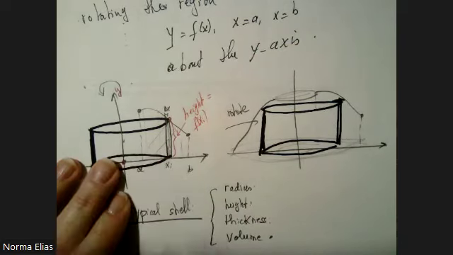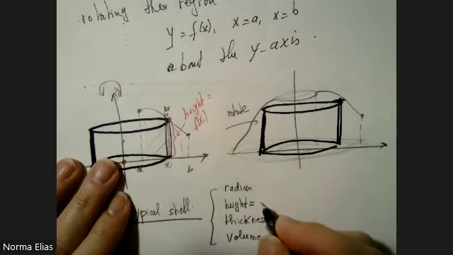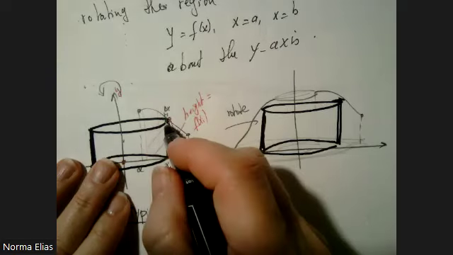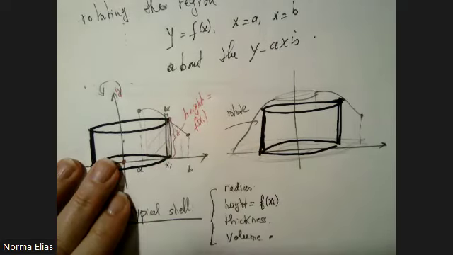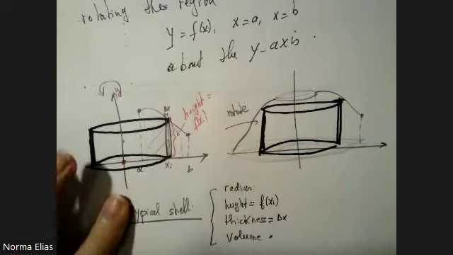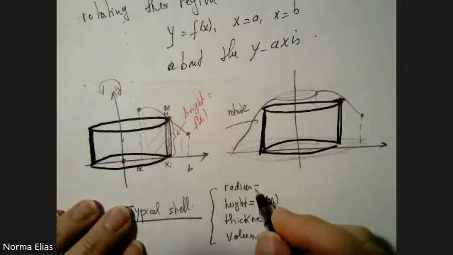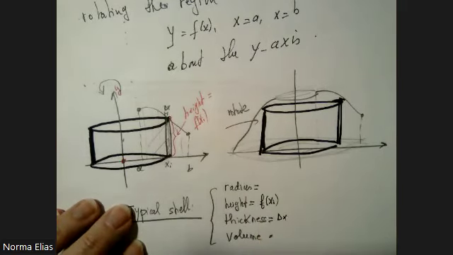So that's really where the thinking is happening. The height is the value of the function. Very good. What is the thickness of the shell? The thickness of the shell is my little delta x. Okay, my height is f of x. And now we're struggling with the radius of the shell. What is the radius of the shell?